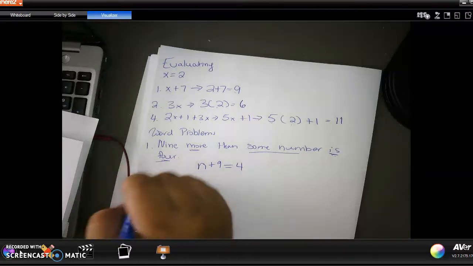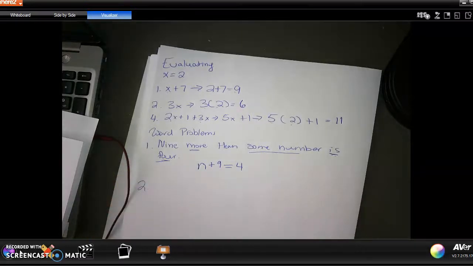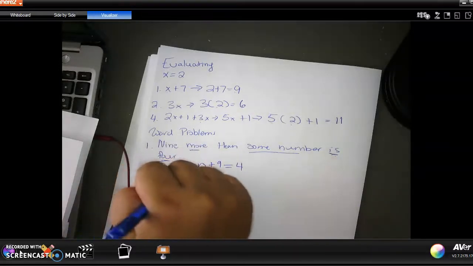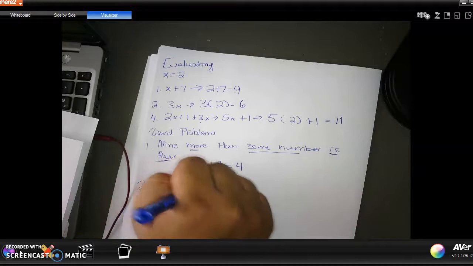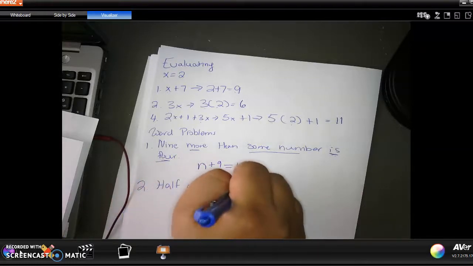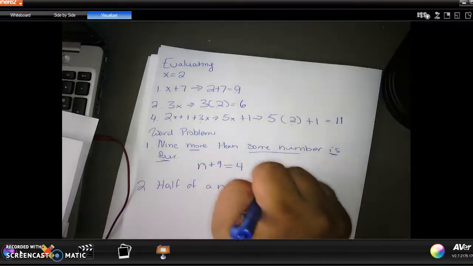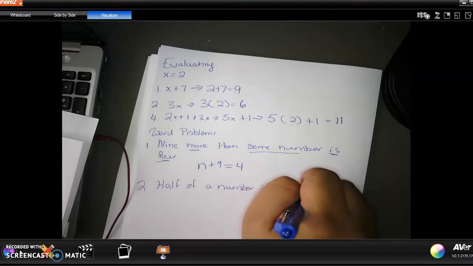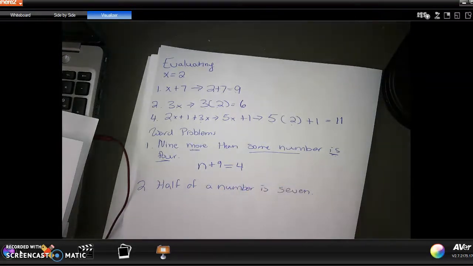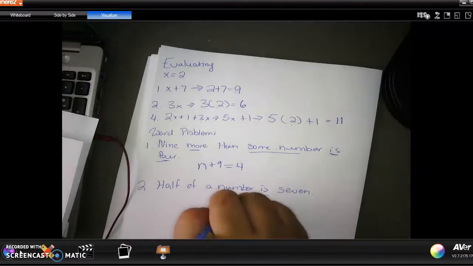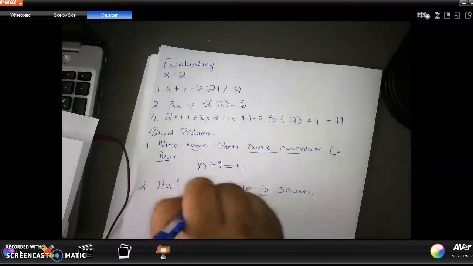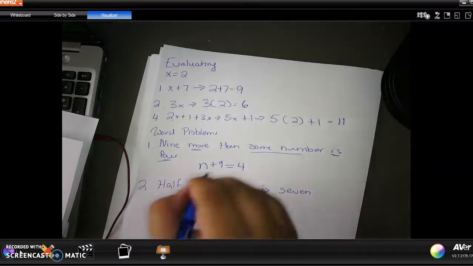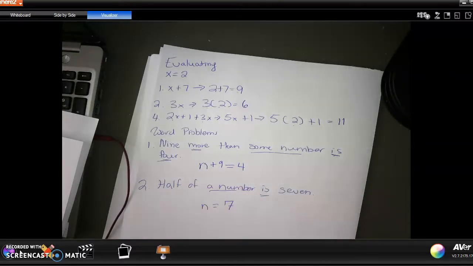Alright? So let's do another one where we make an equation from a prompt. Let's do half of a number is 7. Okay? Well, I see is. Is tells me it's going to equal 7. I see a number. It didn't tell me what number, so it has to be n for my variable.